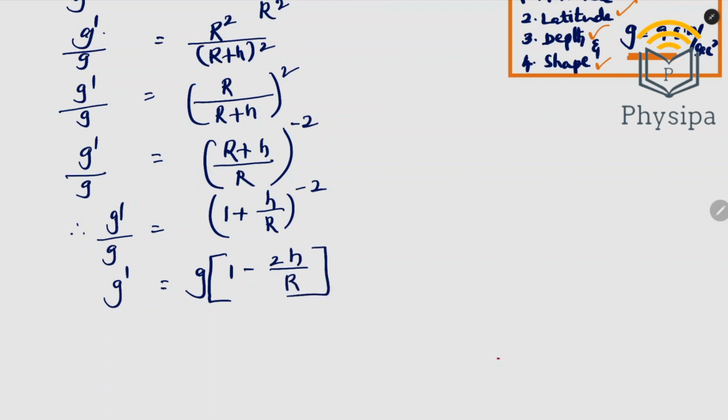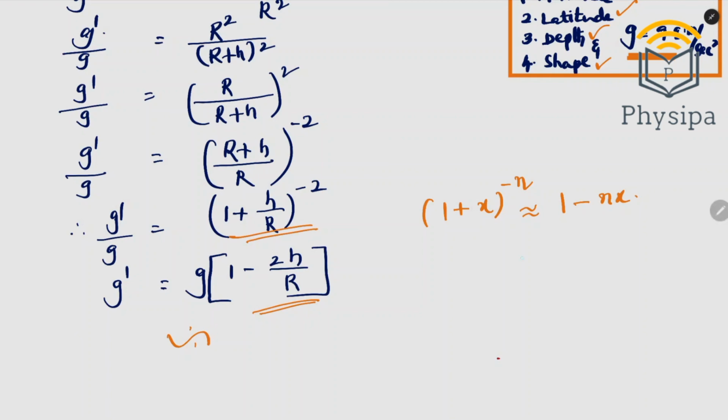Here we have written this expression as 1 minus 2h by r because by the binomial theorem we can write 1 plus x whole to the power of minus n as an approximation of 1 minus nx. This is the final expression for the acceleration of the satellite or the object at height h, which is g dash is equal to g into 1 minus 2h by r.